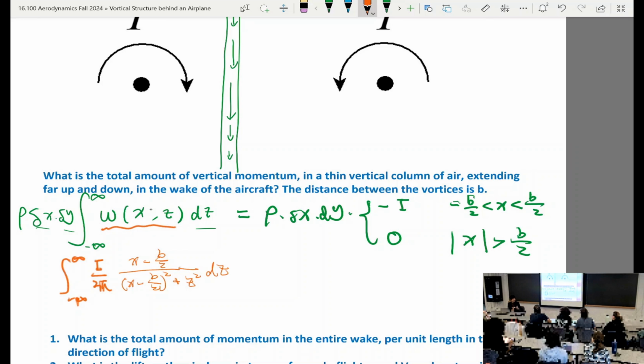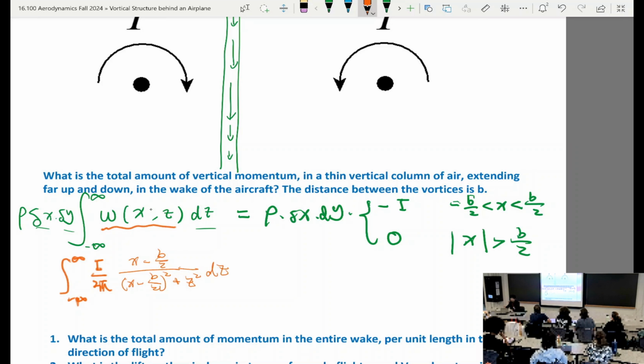Sine and cosine, that's actually very good intuition. But before that, there is something you can do. You can directly do sines and cosines, but sines or cosines of what? Something between z and x minus b over 2.